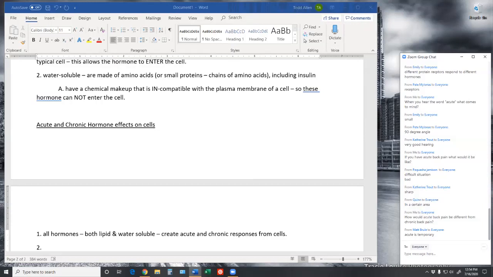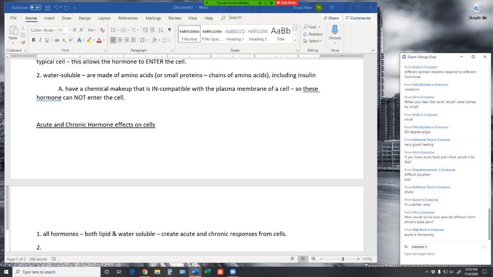So chronic means long lasting, if not permanent, and acute means temporary in the context that we're having right now. I understand that to some of you, acute might mean a very sharp pain, but that's not what we really mean in this context. We're not implying a severity or an intensity of the response. We're implying a time-based window of the response.